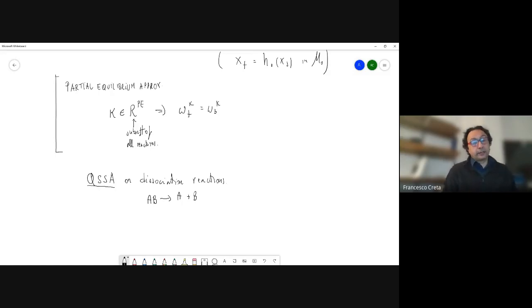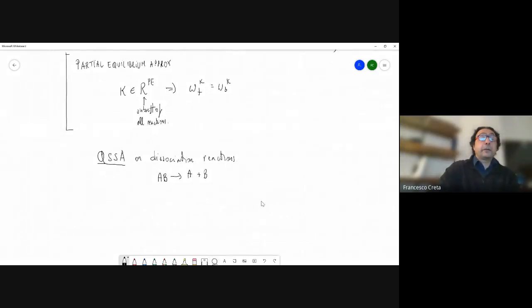If we think of it in an irreversible manner, you start from a molecule AB and you split it into its constituents A and B. Very, very important reaction in combustion, especially in the initial part of the combustion where you have essentially fuel molecules being dissociated. But you can also have products being dissociated at very high temperature, like CO2 or water. CO2 can dissociate in atomic oxygen and carbon monoxide, for example.